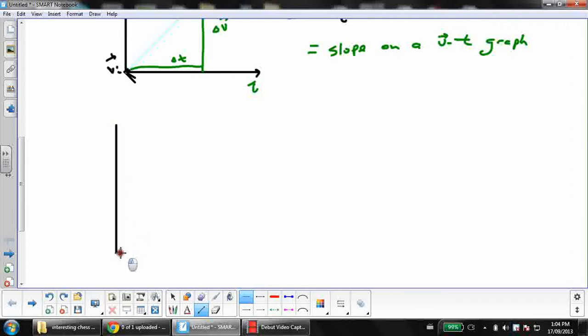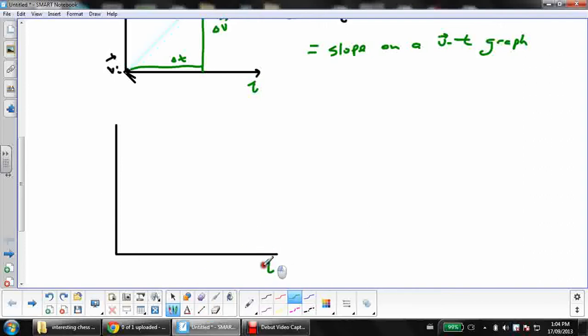What happens if I look at an AT graph now? There's my T, an acceleration time graph.